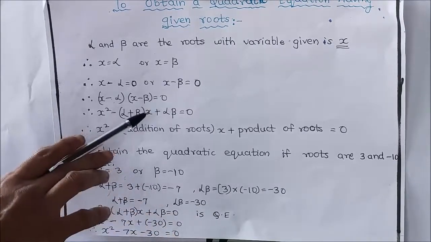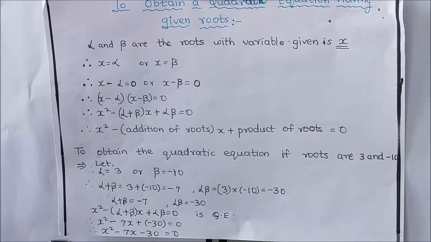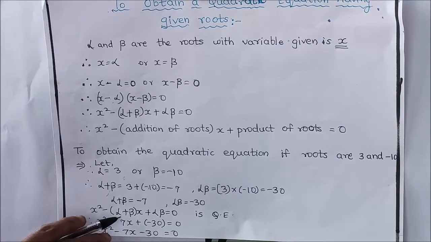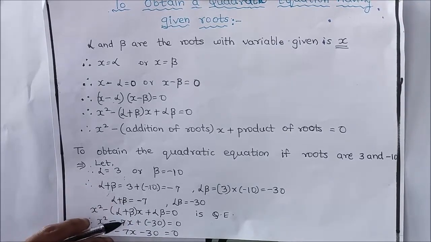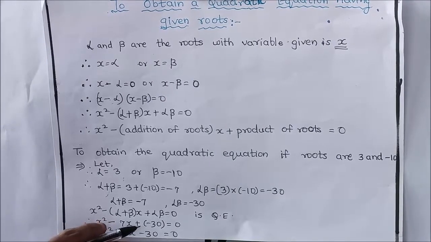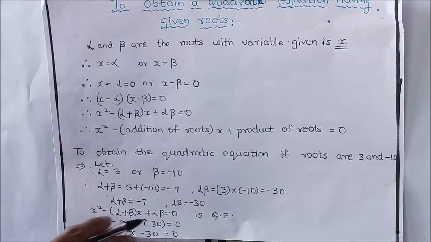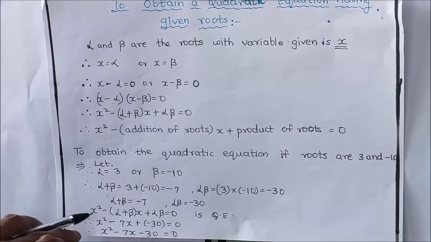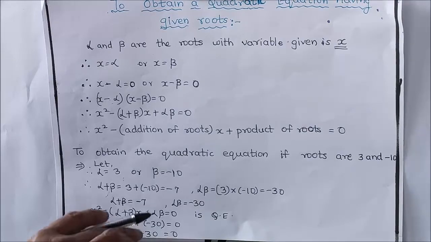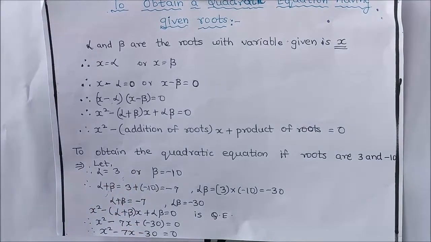In this quadratic equation we will substitute the value of alpha plus beta and alpha beta. Therefore we will get x square minus alpha plus beta is minus 7. So x square minus 7x plus minus 30 equals 0. Therefore we will get x square minus 7x minus 30 equals 0.